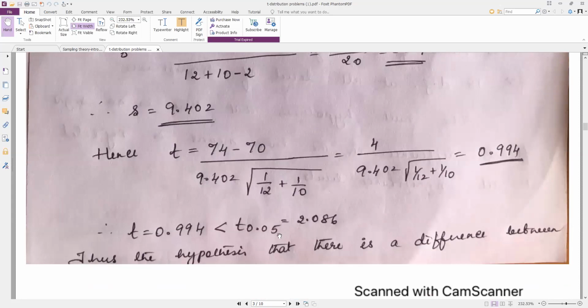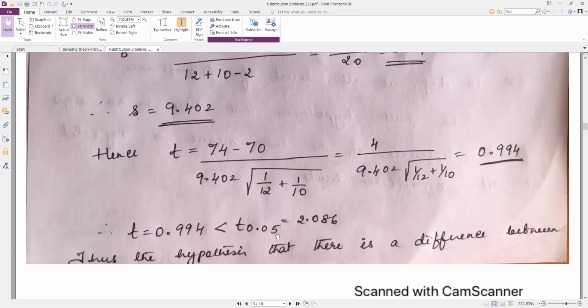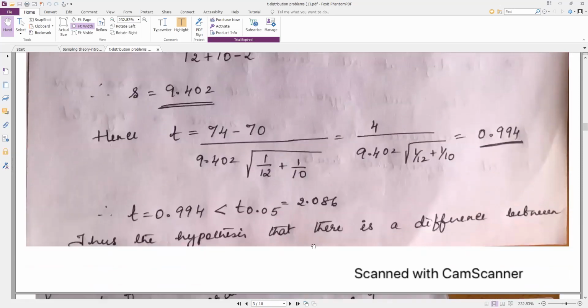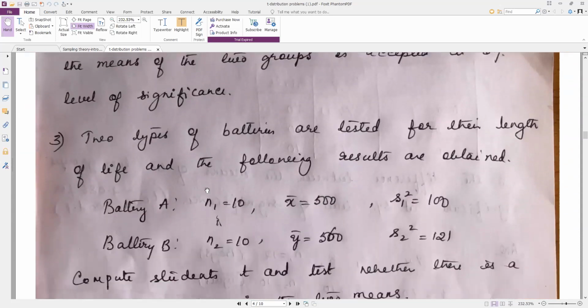In other words, there is no significant difference at the 5% level of significance. So whenever it is less than, you say accept the hypothesis. If it is greater than, we are rejecting the hypothesis. The means of the two groups are accepted at the 5% level of significance.